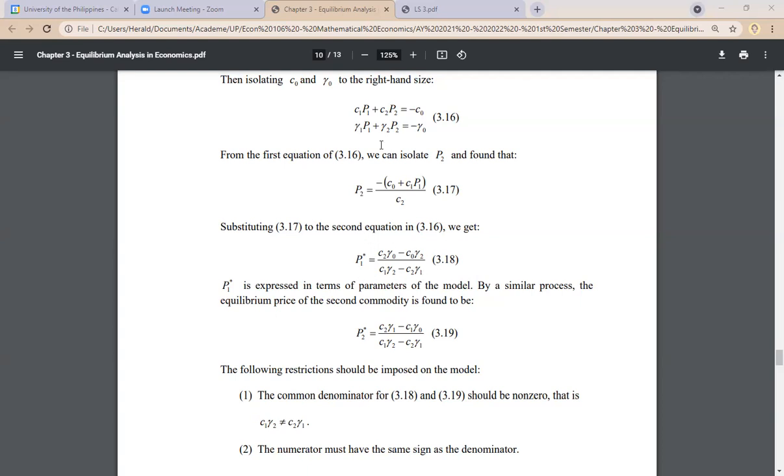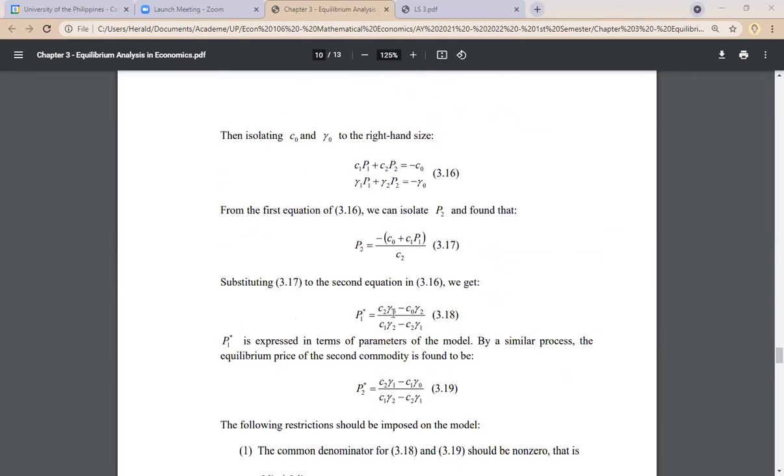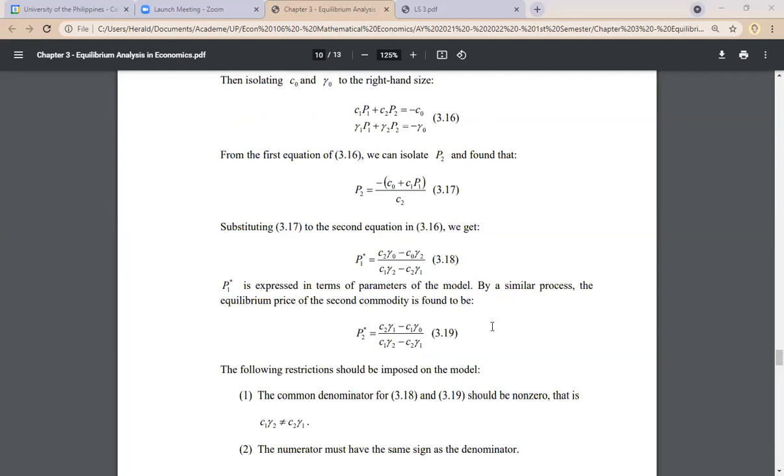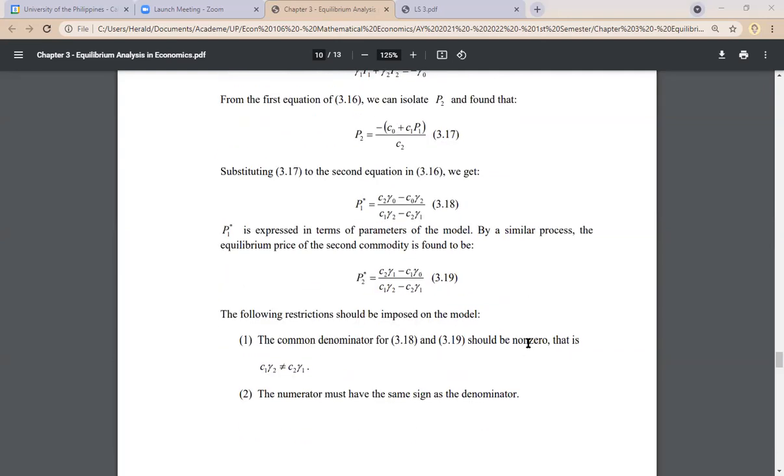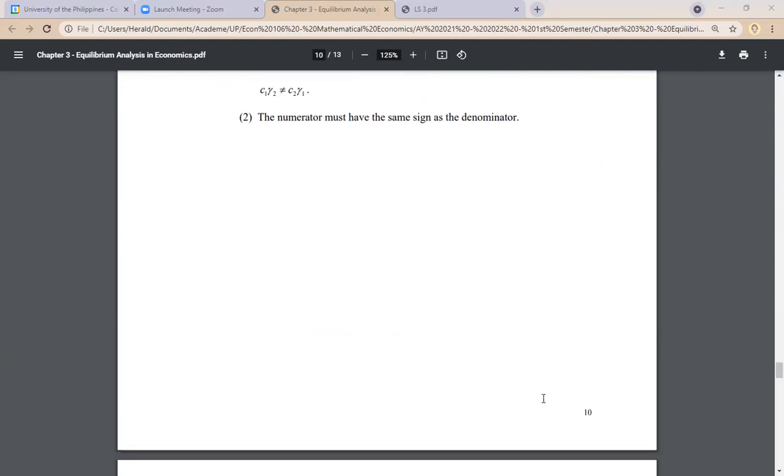We can solve P1 star in the equation here, and then we can arrive at a solution value for P2 star as well. It might seem daunting, class, just by looking at the parameters, but I can assure you that the process is just the same, more or less, as that of the linear equation system or model. The restrictions should also be imposed just the same as discussed earlier: the denominator should also be non-zero, and the numerator must have the same sign as the denominator.